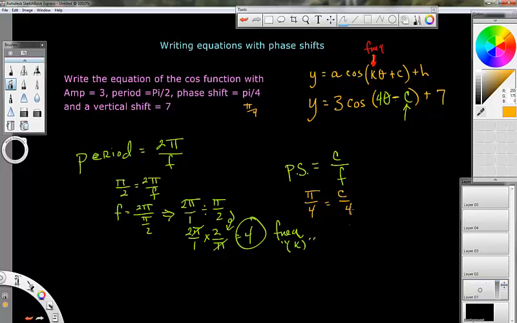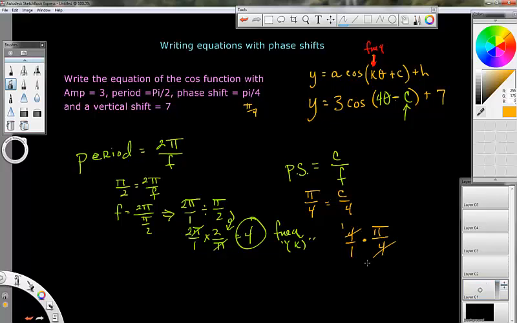Now, if you're thinking about it, you can look at this right here and solve this equation. I'll show you how to grind it out, but pi over 4 equals pi over 4. You can kind of see that. That doesn't always happen. When it does, though, jump up and down and have a party. But if you don't know this, you have to multiply 4 by this. So it's going to be 4 over 1 times pi over 4.